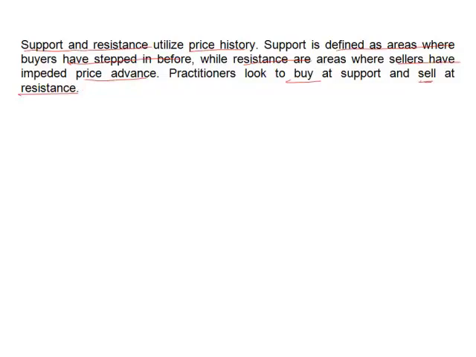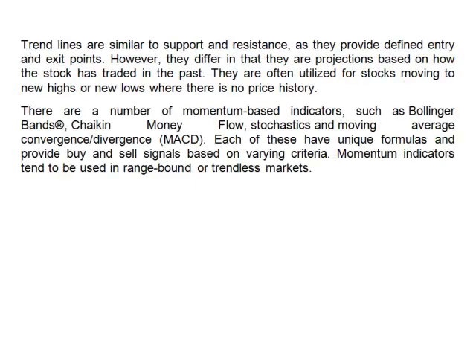The next one is trend line. Trend lines are similar to support and resistance as they provide defined entry and exit points. However, they differ in that they have projections based on how the stock has traded in the past. They are often utilized for stocks moving to next highs or next lows where there is no price history.